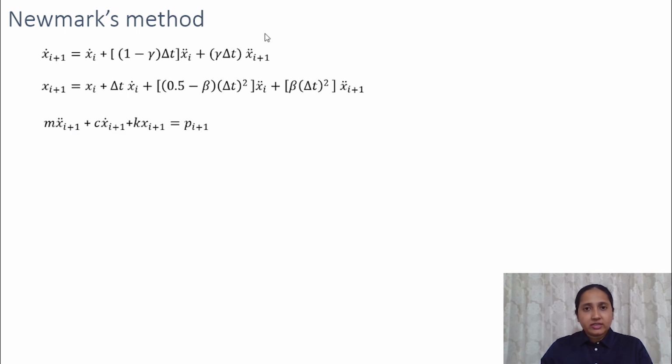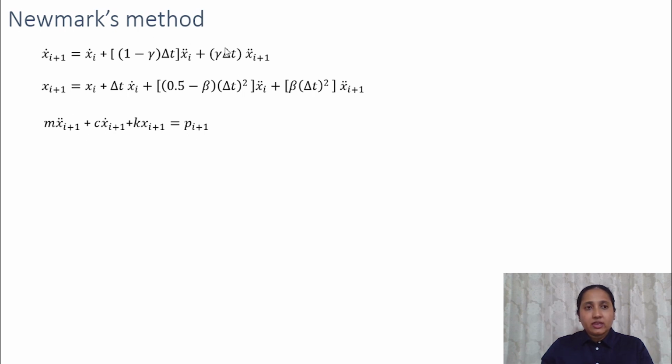If we look at these equations, we can see that the expressions for velocity and displacement at i plus 1 depend on the value of the acceleration at i plus 1. And this acceleration at i plus 1 also depends on the value of displacement and velocity at i plus 1.